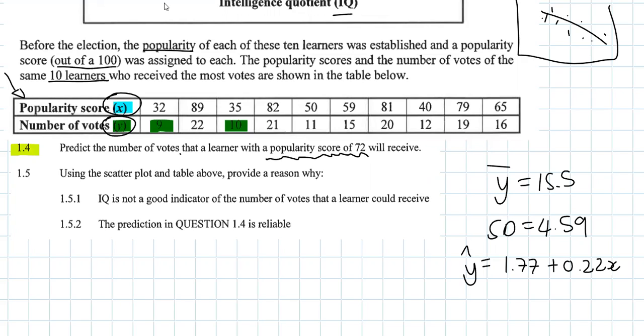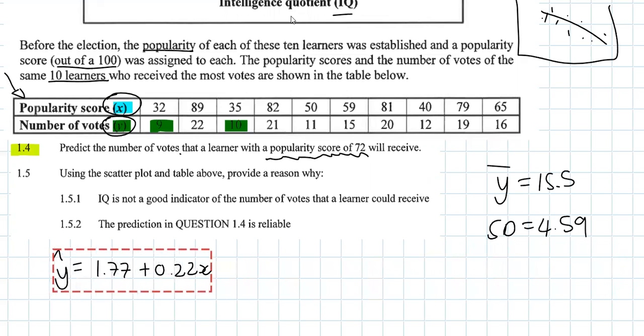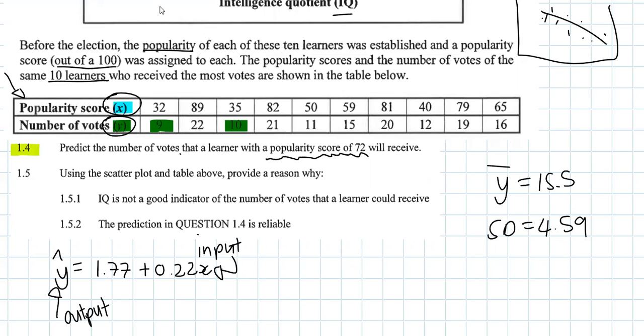Remember, our popularity score was our X values and our number of votes is our Y. Our regression line is an actual straight line that tells us how our X, the popularity score, affects our Y. So our input is the X, and the output is the Y. In this case, our input was the popularity score, and our output was the number of votes.